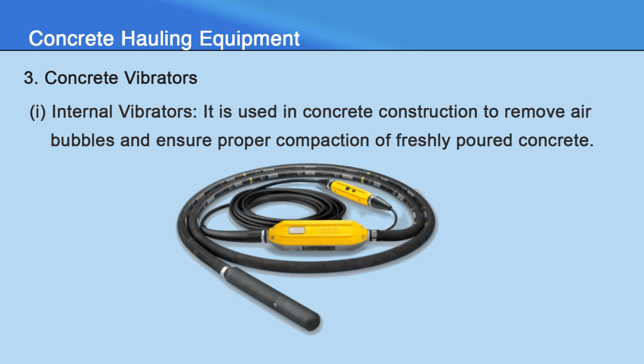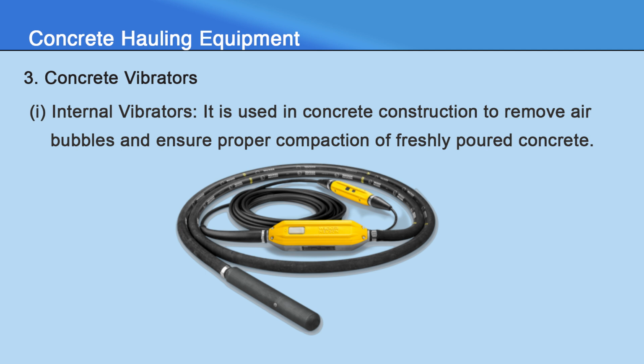Starting with internal vibrators. It is used in concrete construction to remove air bubbles and ensure proper compaction of freshly poured concrete. This is the most common type of vibrator being used.